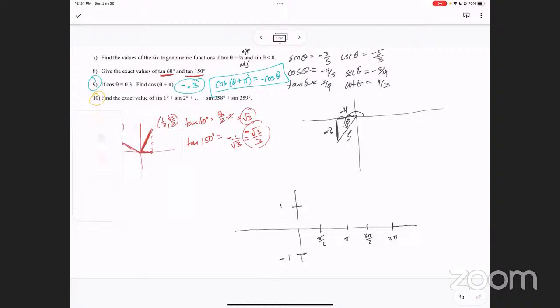Your sine function starts here. It goes through the origin here and here. It goes up here and it goes down here. You understand? Are you with me? I'm trying to draw this to give you a visual of what's going on.